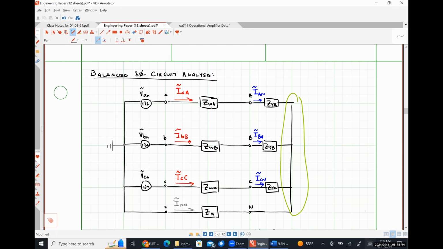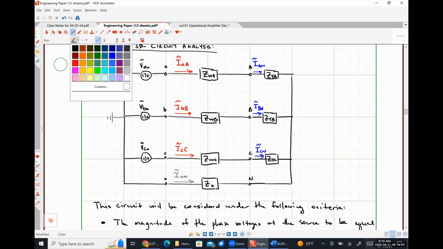All right, so I can use Ohm's law. And really, it's kind of Kirchhoff's voltage law here in order to express all of my line currents. So let me explain explicitly what I mean here, okay?